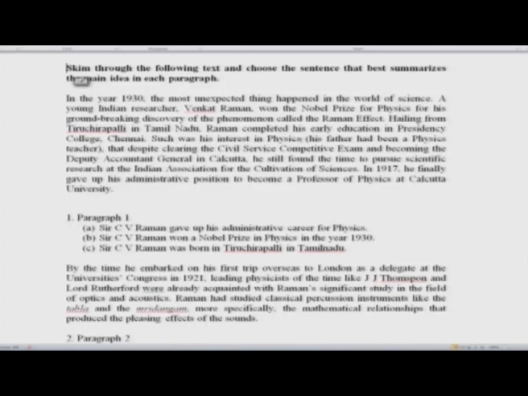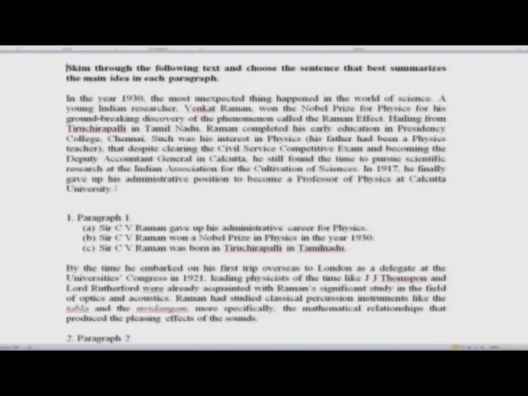Such was his interest in physics, his father had been a physics teacher, that despite clearing the civil service competitive exam and becoming the Deputy Accountant General in Calcutta, he still found the time to pursue scientific research at the Indian Association for the Cultivation of Sciences. In 1917, he finally gave up his administrative position to become a professor of physics at Calcutta University.